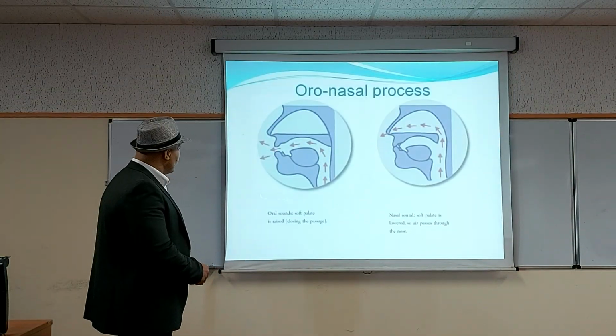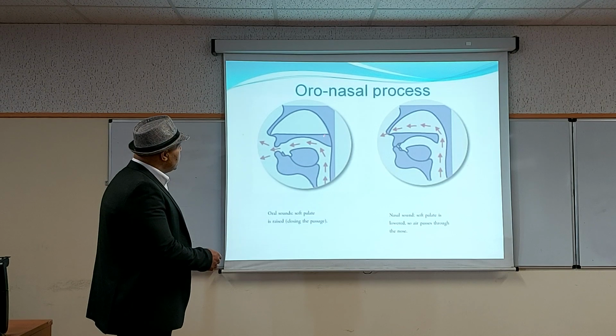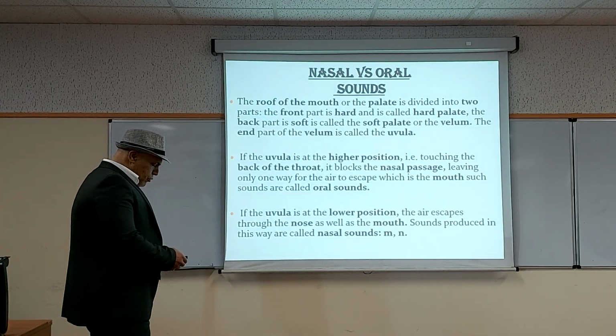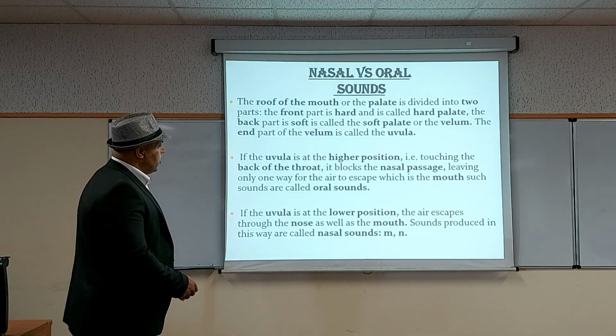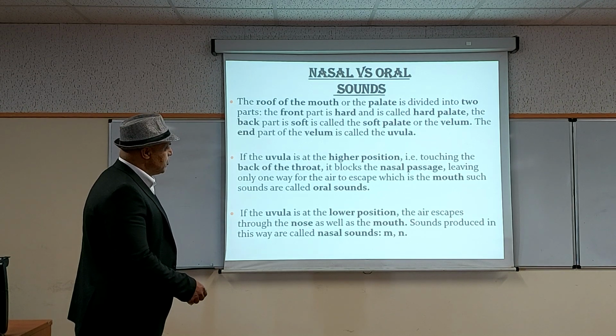Okay, so if you look here, if the uvula is in the higher position, it blocks the nasal cavity, and the air finds only one way to get out, which is the mouth. If the uvula is at the lower position, the air escapes through the nose as well as the mouth.